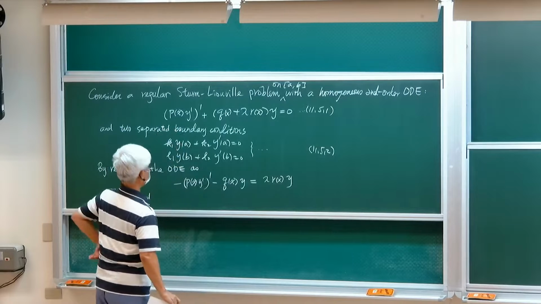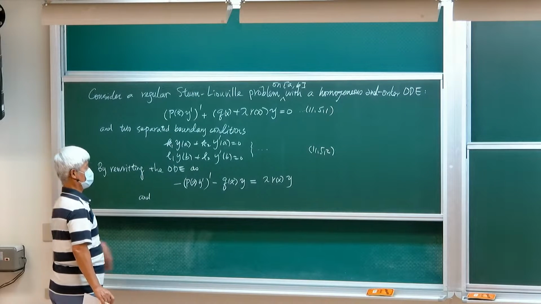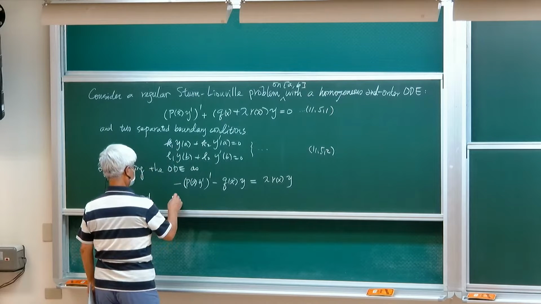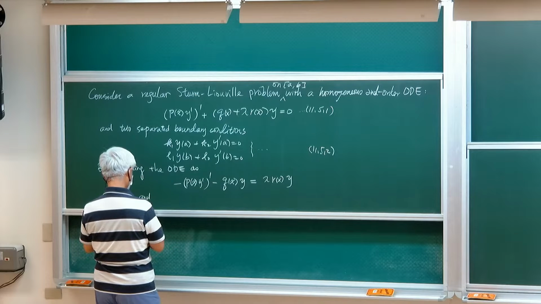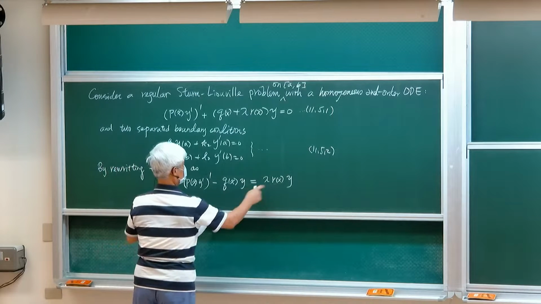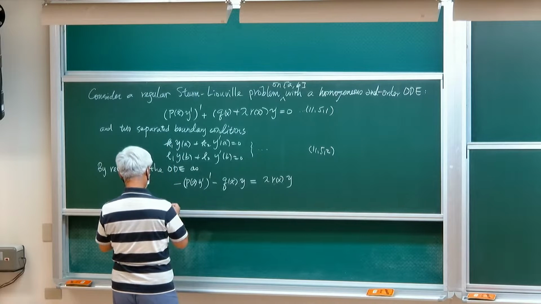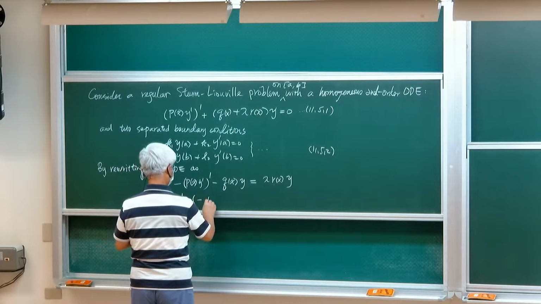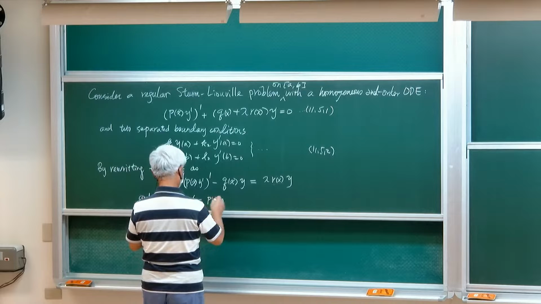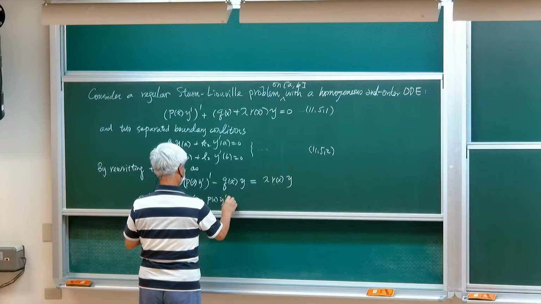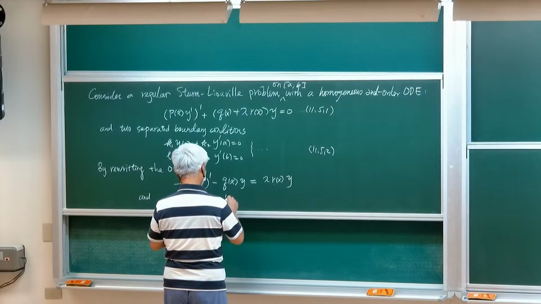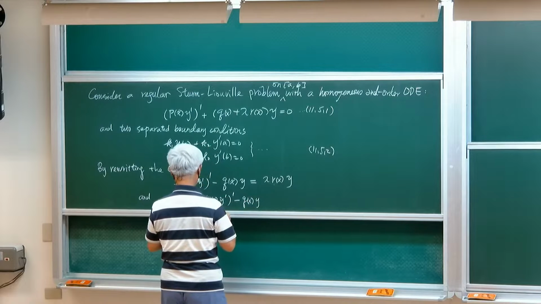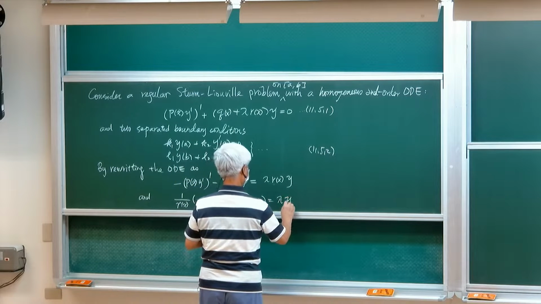Because for a regular Sturm-Liouville problem, the function r(x) is a positive function, we may divide by r(x). So we have 1/r(x) times ((p(x) y')' minus q(x) y) equal to lambda y.